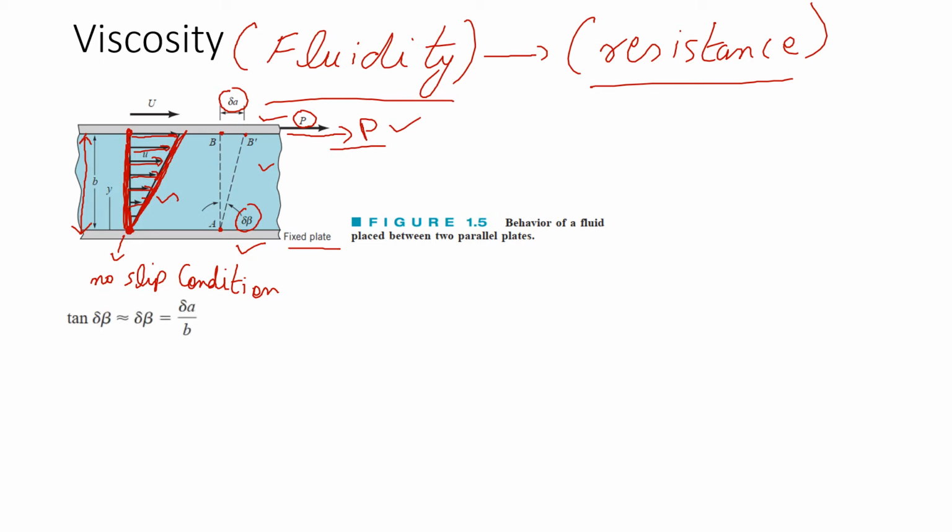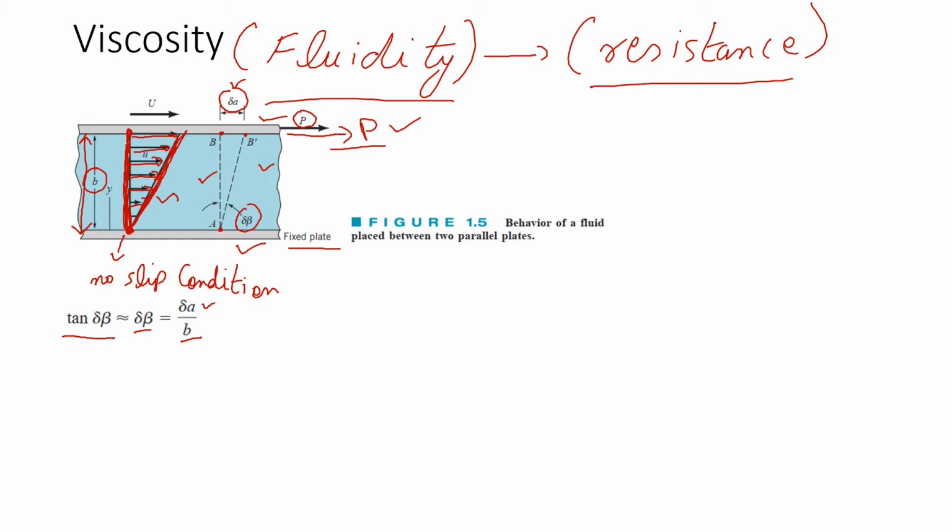By applying tangent delta beta to this triangle, we come up with delta A, the small displacement that has occurred, divided by B, the width of the fluid in between these two plates.